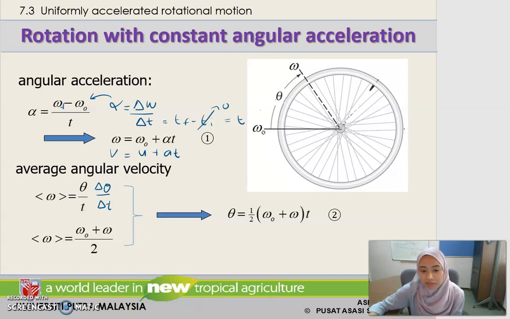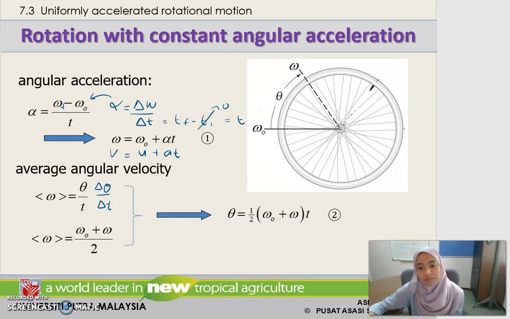And then rearranging this gives me, I also have average omega written as initial omega plus final omega divided by 2. This also gives me average omega, right? So equating these two equations, it gives me theta over here, and I want my t on this equation.